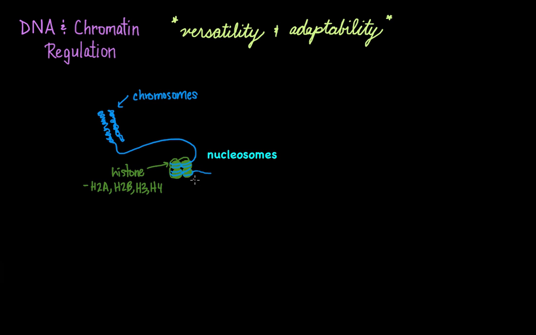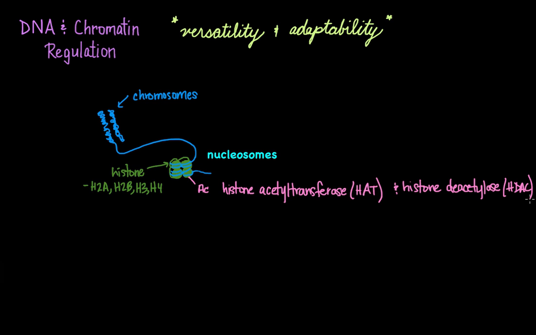Now, acetylation occurs at the amino terminal tails of these histone proteins by an enzyme called histone acetyltransferase, which I'll just abbreviate as HAT. And this is a reversible modification. So the acetylation of histones is sort of kept in balance by another enzyme that removes these acetyl groups, which is called histone deacetylase, or HDAC.